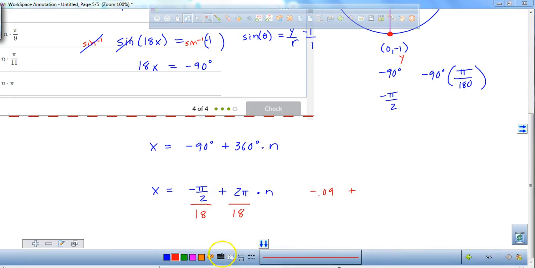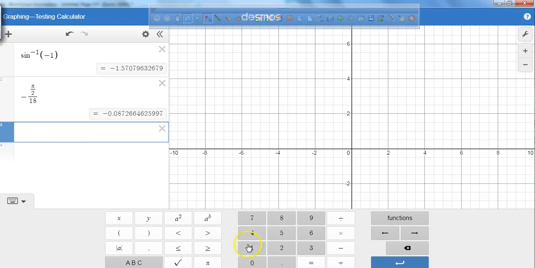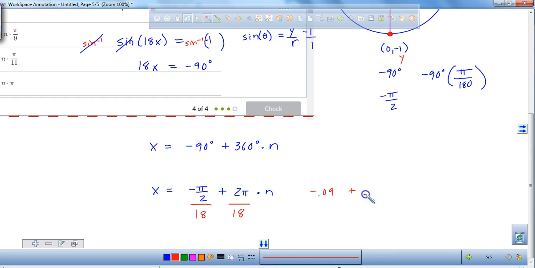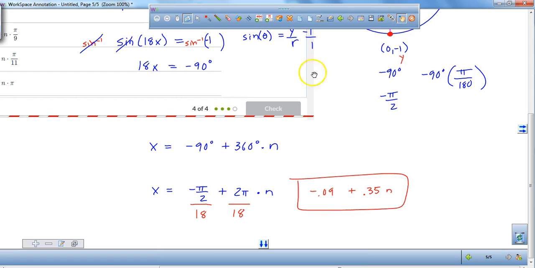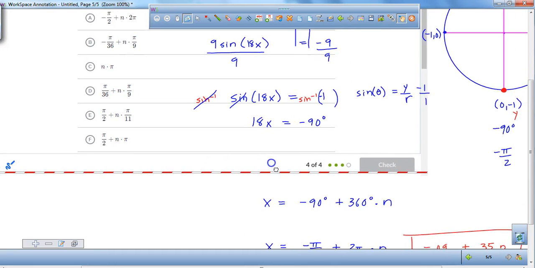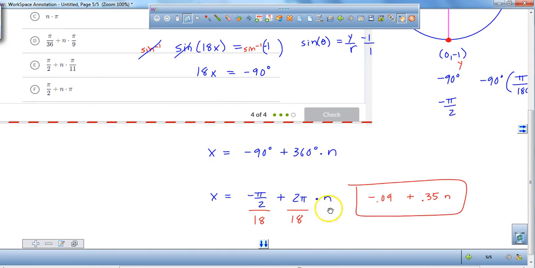Plus, now I'm also going to do 2 pi all divided by 18 and get 0.35 n. Let's see if we find something. Maybe we do, maybe we don't. Oh, never mind. They left it in fraction form, not decimal. Well, that makes it a little bit easier.